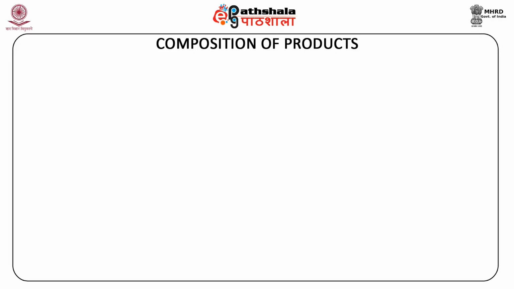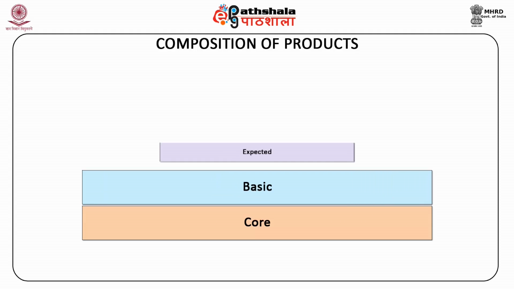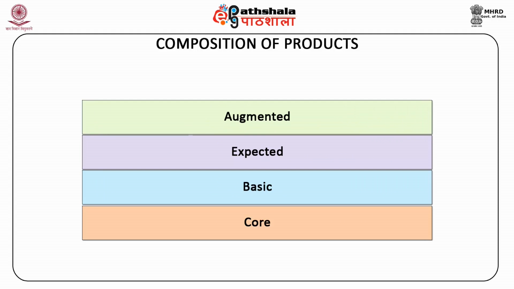In the same manner, a product has 5 layers or levels. At each level, the marketers add more customer value by adding some more features or services to the product. The various product levels are listed as core, basic, expected, augmented, potential.